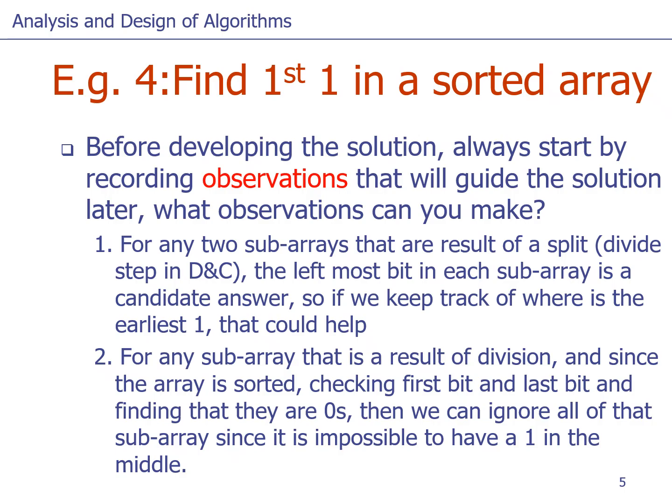Now, if you look at the first one, what is it going after? Let me read it again. It says, for any two subarrays that are the result of a split, the leftmost bit in each subarray is a candidate answer. So what am I thinking here?